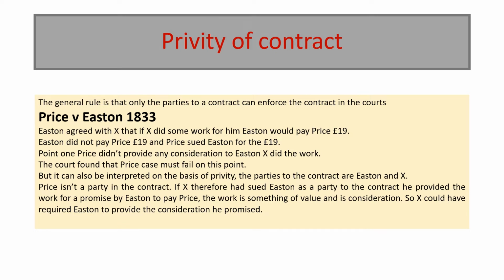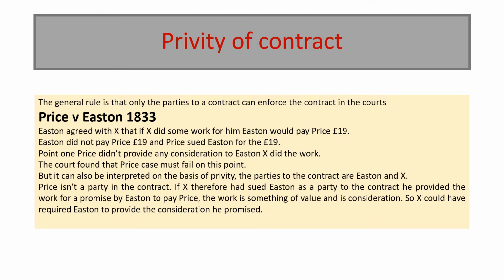Well, X and Easton were the parties to the contract, not Easton and Price. So Price didn't have what we call a cause of action. Price was not part of the contract with Easton. Price was to receive the benefit, but the contract parties were Easton and X.